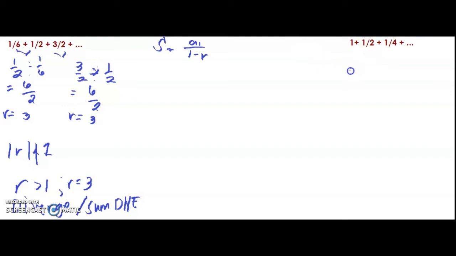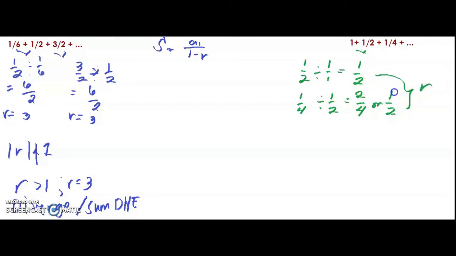First, let us find its common ratio. If we are dividing 1 into 1/2, how much is that? Let's try to divide: 1/2 divided by 1 is still 1/2. Next, we have 1 over 4 divided by 1/2, that is equal to 2 over 4, or 1/2.